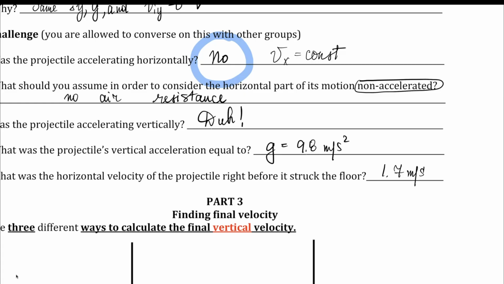We're going to derive the final vertical velocity. So remember, V initial y was 0 because we rolled it off horizontally. And then for me, my change in y is 0.92. For some of you, it was the same. What else? I know we figured out that the time was 0.43 seconds.